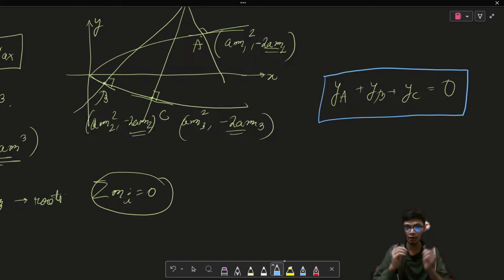So the algebraic sum of the ordinates of the three normals drawn to a parabola from a given point is always equal to 0.